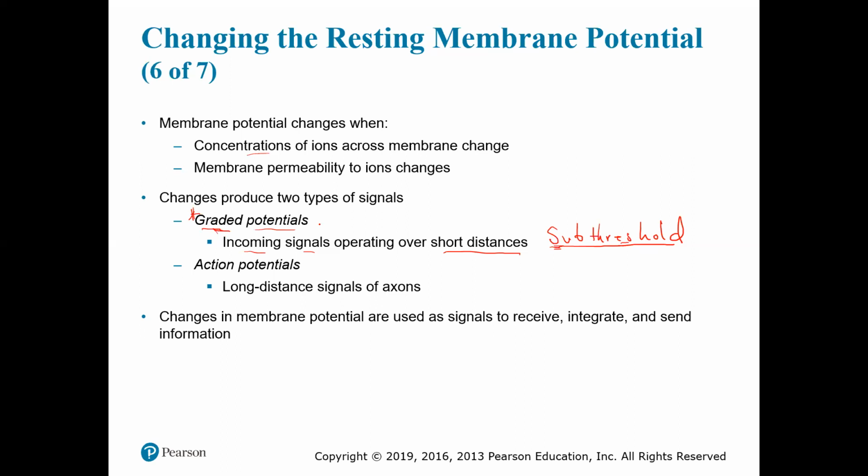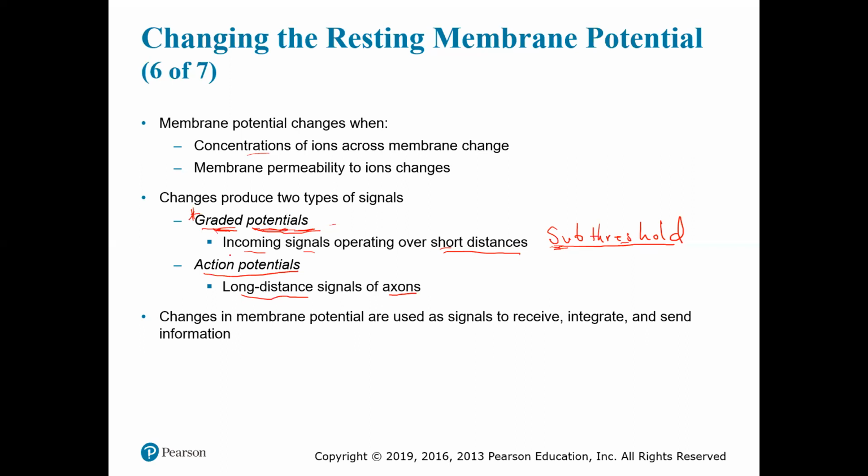Graded potentials keep going, but over short distances, whereas action potentials are full depolarization, all or nothing, and go for long distances along the axon. Graded potentials can actually create an action potential if there's enough excitation above the threshold. Just to throw this at you, graded potentials are not full depolarizations.